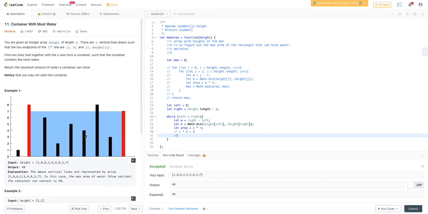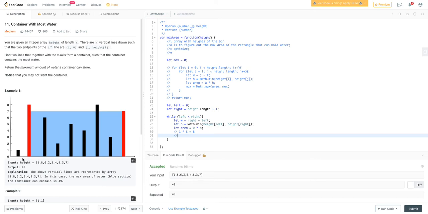So in this case, since our left is smaller than the right, we would make our left move to the right, to the next step on the right. Again, it's because we are trying to find a height that's the tallest, right? And then we would calculate the area between this red bar and this other red bar.